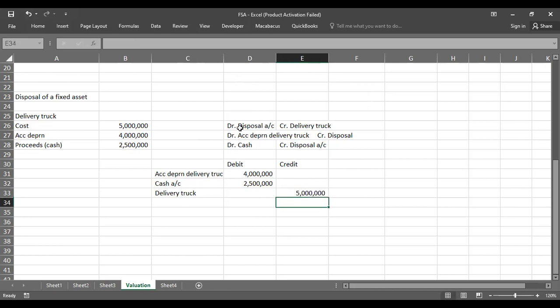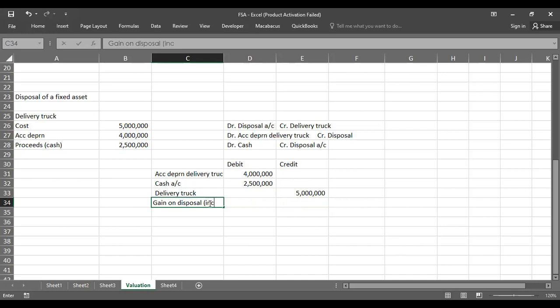From this transaction, you come here. Where is the disposal account? Don't do anything. So now at the end of it all, you try to balance. The other account that is affected, on the credit, is a gain on disposal.